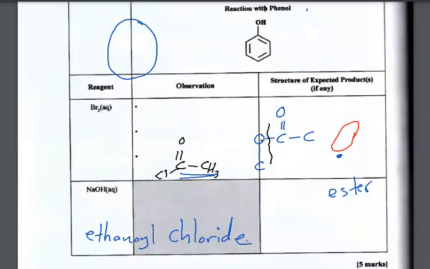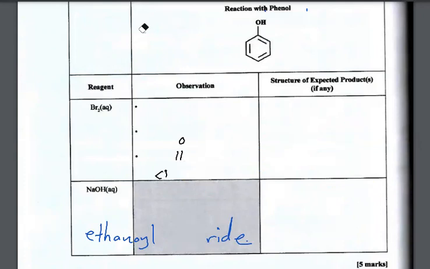So here's this again, reactions of phenol. But this one now is 2018. All right, so for this one, we want the product with sodium hydroxide, and I want the product and observation for bromine. So again, when you react bromine with phenol, what are the three observations?